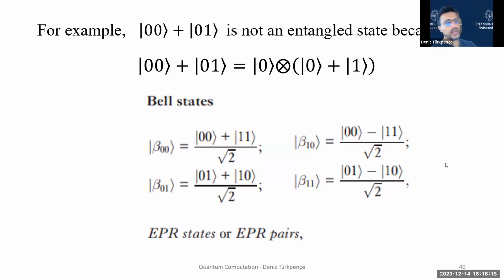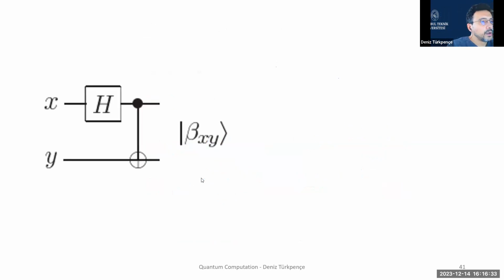B00, B01, B10, and B11. So these subscripts, in fact, denote how they are produced initially, okay? So this is the simplest circuit representation to obtain these states.